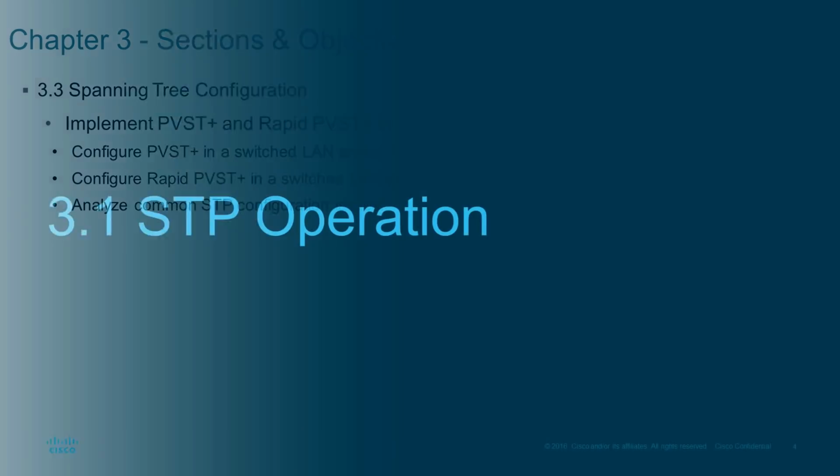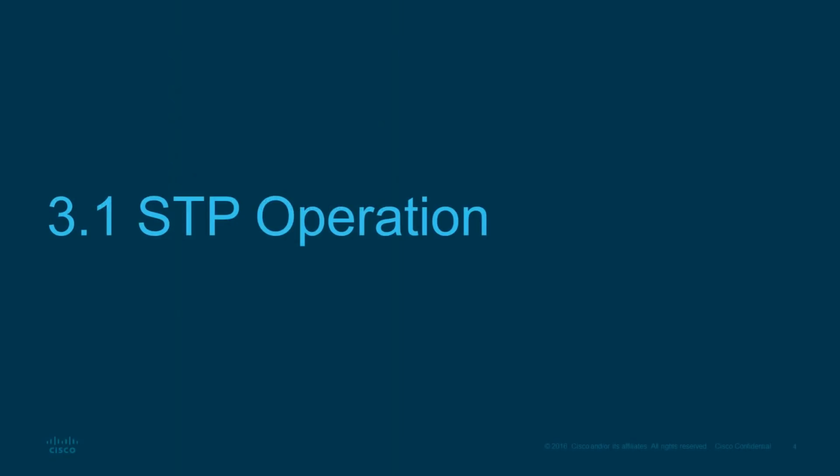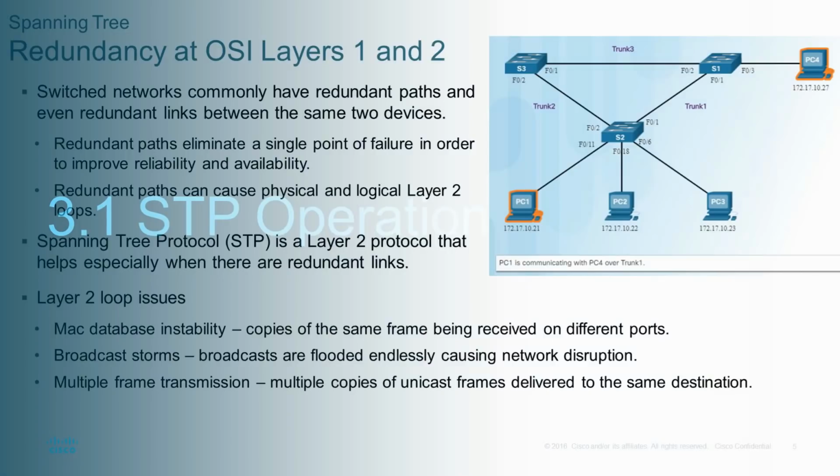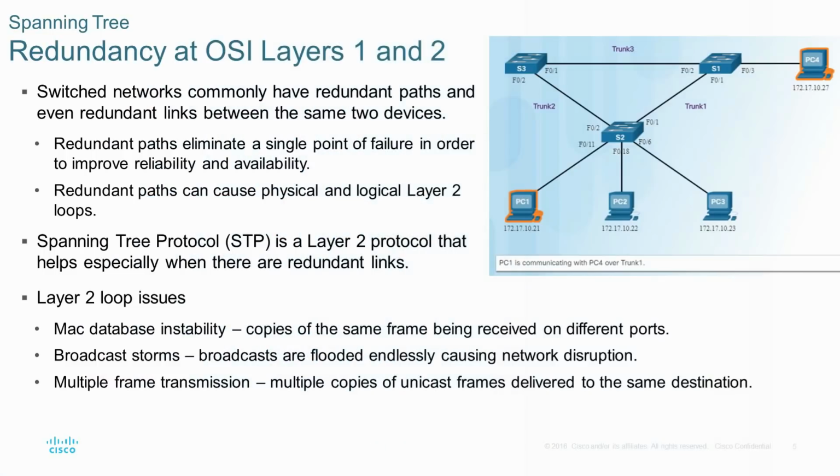Okay, now let's start the STP operation. STP operation: redundancy at OSI layer 1 and layer 2, because we are talking about a redundant LAN network. If we have a switch network with redundant paths, there are redundant links between two devices.